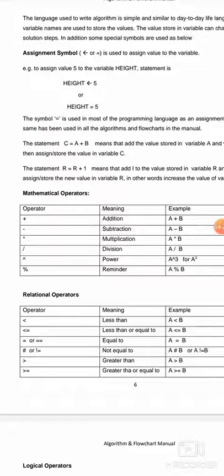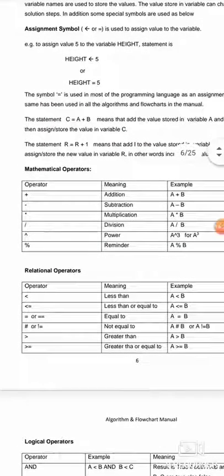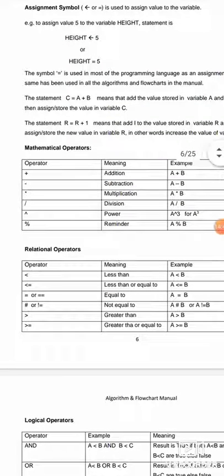Power, you can use this cap symbol, a power 3, or a cube we call it. And remainder, generally whatever you get after doing the division, a percentage b. So these are the 6 important operations which we are going to come across in flowcharts while writing a solution for a particular problem.